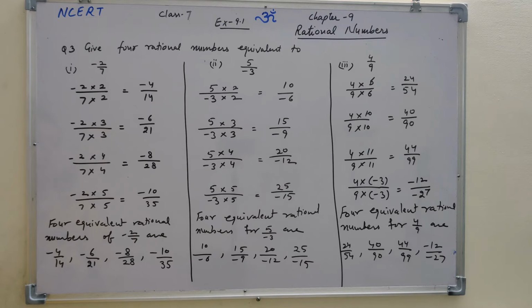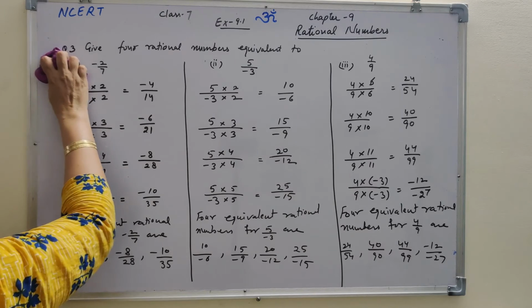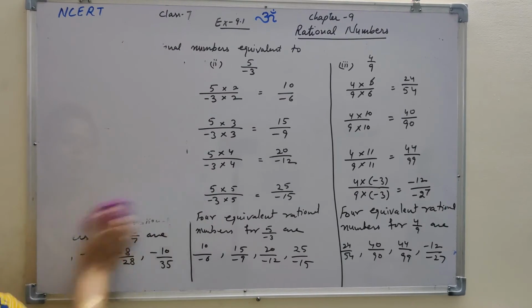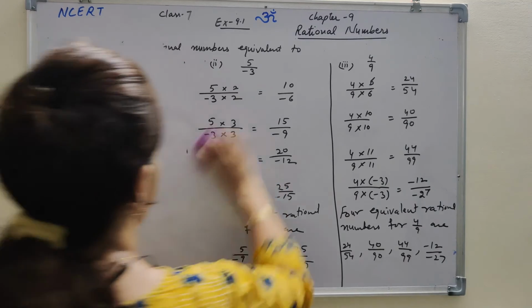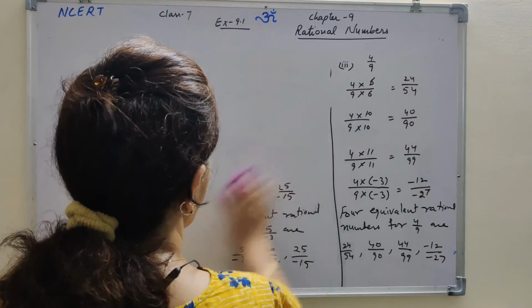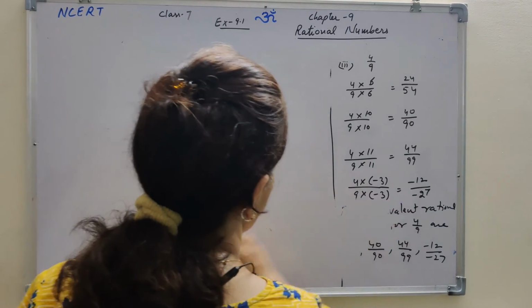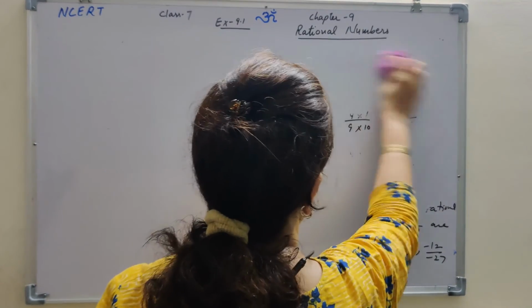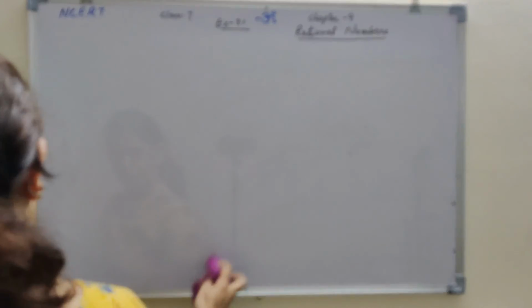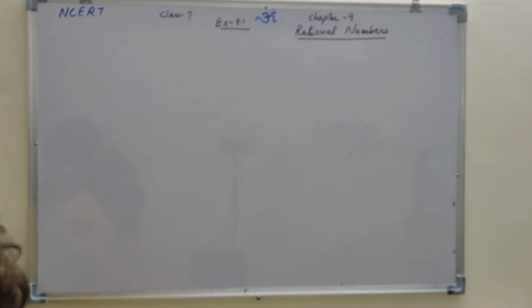Okay. Now I am taking after this question number 4, which is we have to show on the number line. Rational numbers are given and we have to represent those rational numbers on the number line. Then how to represent on the number line? First of all, let me write down the question.